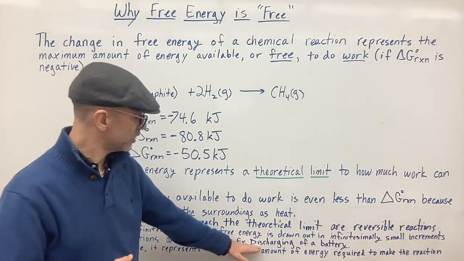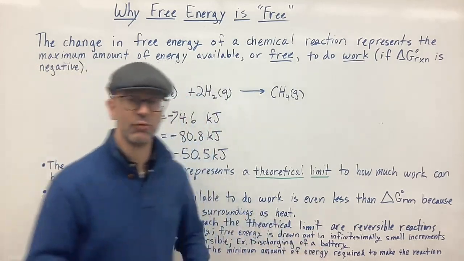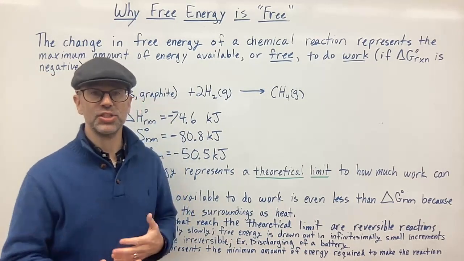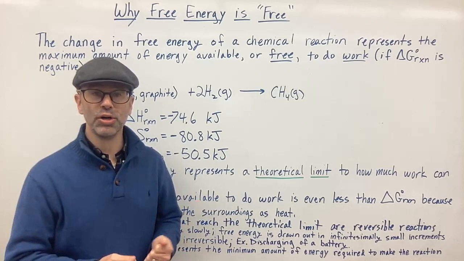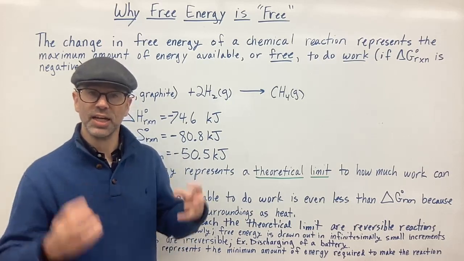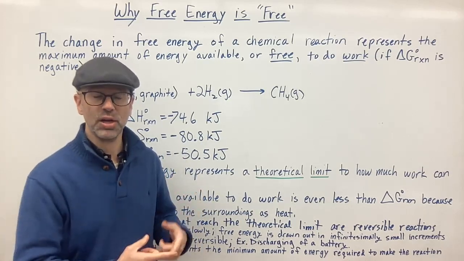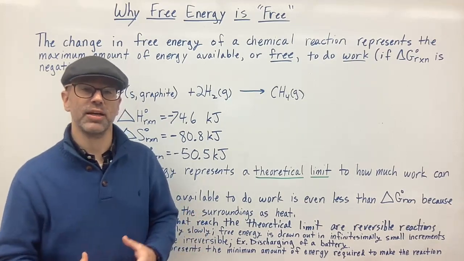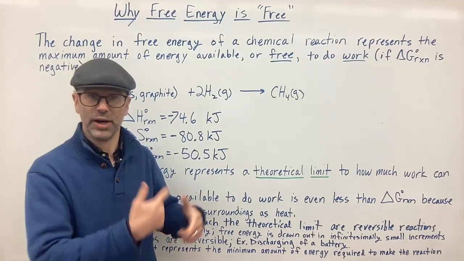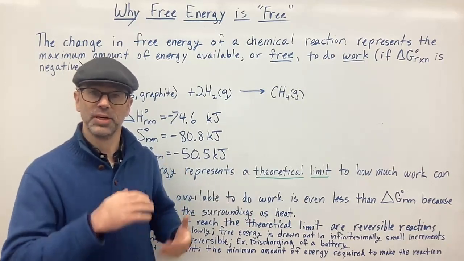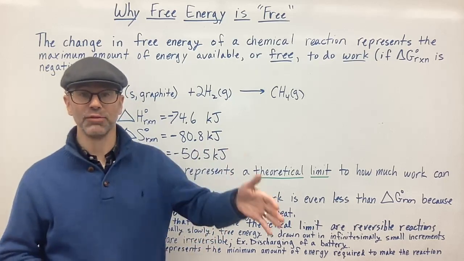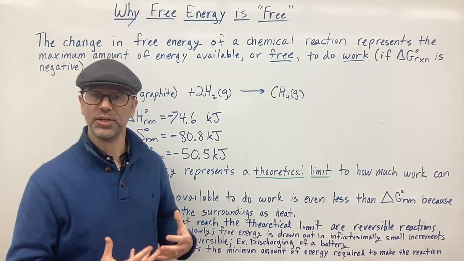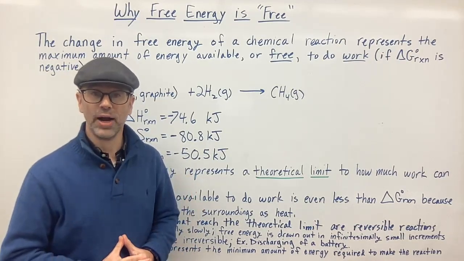So for example, discharging of a battery. If we take my example before of a battery that's being discharged, say it's hooked up to a motor and you are using the chemical reaction in the battery to run the motor. Well, some of that energy from the reaction is going through the wires and is lost as heat, because as the electrons travel through the wire, they meet some resistance, and that creates heat in the wire.